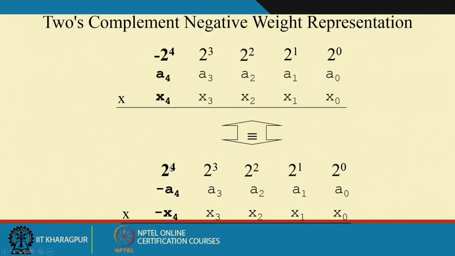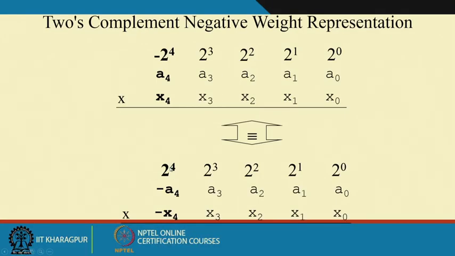For the rest of the cases it will be 1 and S bar, and for the last partial product it will be just as it is. Before the last it will be just S bar only, not 1 and S bar. We have already seen this in the last class.